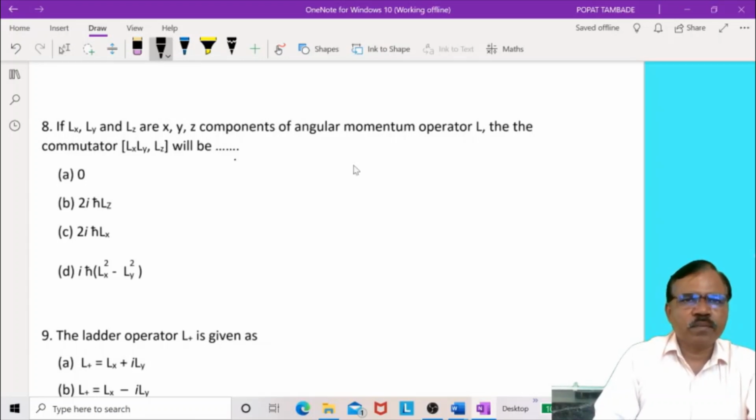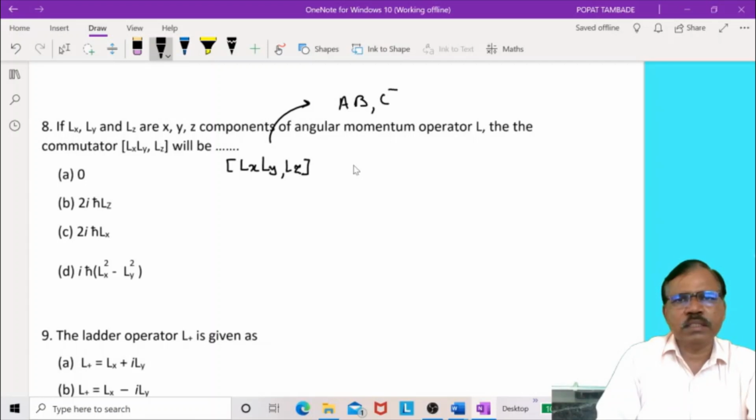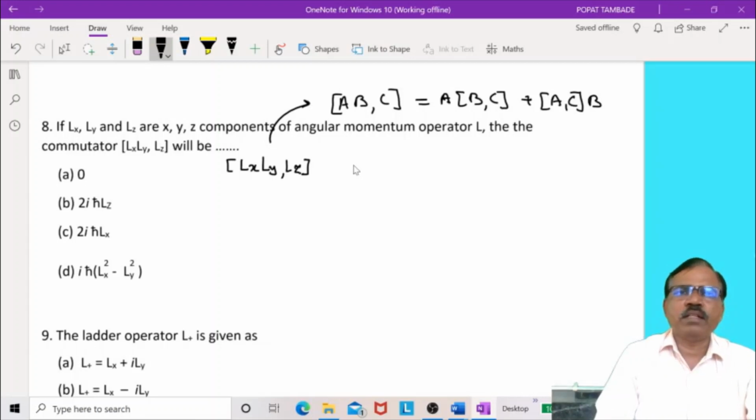Now here, [Lx, Ly Lz]. Now we know this property: the commutator [A, BC] will be equal to A commutator [B, C] plus [A, C] multiplied by B. This is a property of commutator brackets.